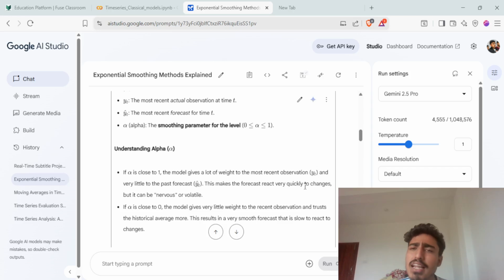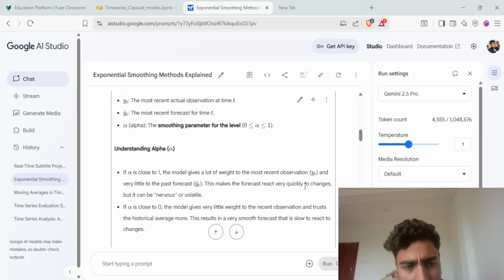The latency will be quite low using this smoothing technique, but it is nervous and volatile, meaning it won't stay stable for long. If you don't have the current data set you are working on, the actual forecasting value won't be there, and that's what we call volatile.